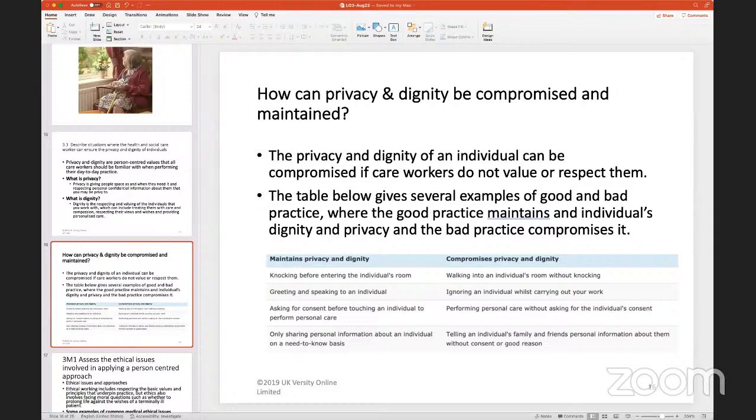You're also greeting and speaking to the individual, and facial expressions are important. You're looking them in the eye, talking to them, and listening to them when they respond back to you. And in certain cultures, touching might be seen from a different aspect. So when you have to touch them, you say, can I take your blood pressure?